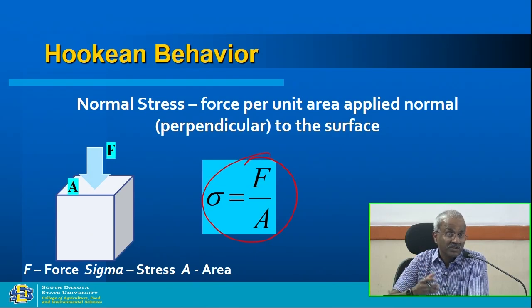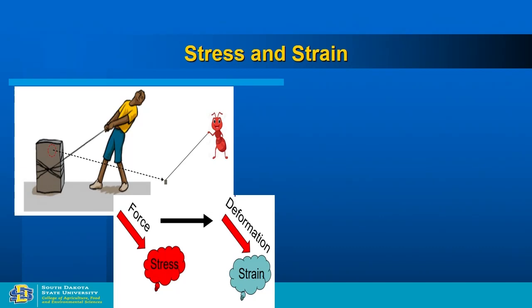Different textbooks use different symbols, but as long as you are familiar with your own symbols, that's all that matters. You all know what stress and strain are. Stress is basically how much force you are exerting, over the area you calculate the stress, and then whatever deformation happens because you apply your stress, you can get the strain from the deformation.